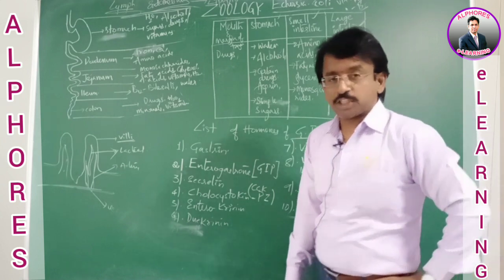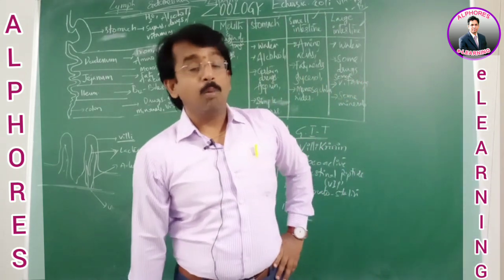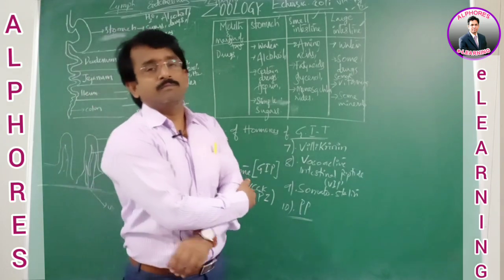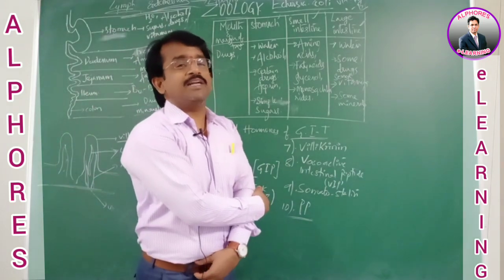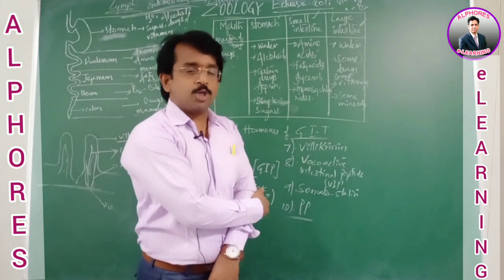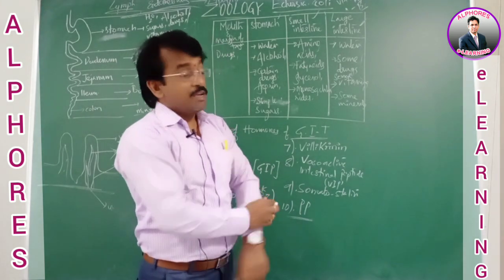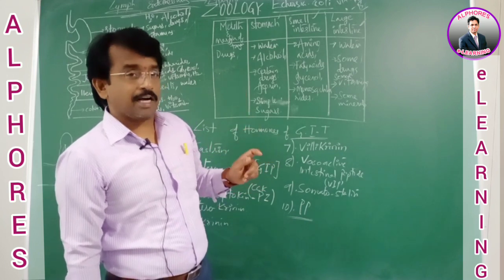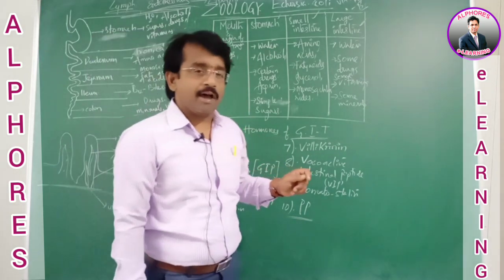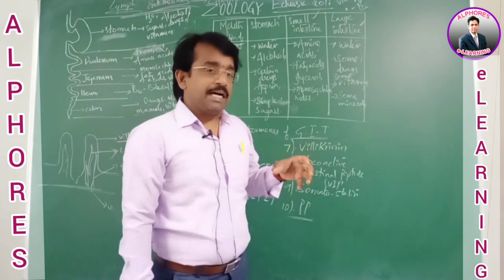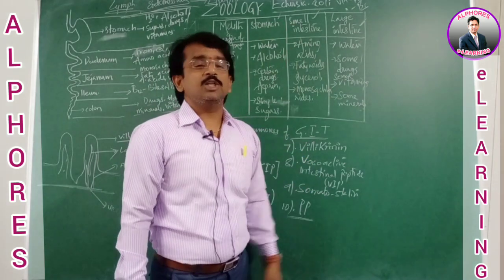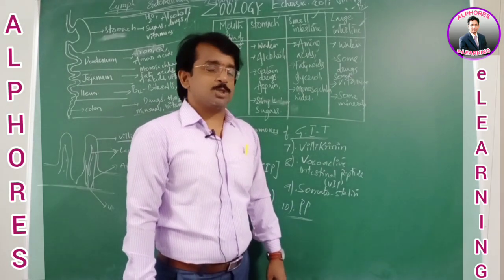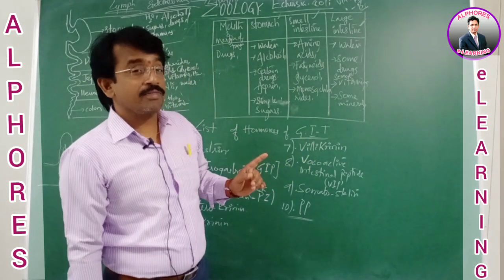Basically this defecation is a voluntary process. Now the question: how is the peristaltic movement done? By the muscles. We discussed that once the food is in the rectum, it gives a necessary signal to the nervous system, and the signal from the nervous system reaches the anus.